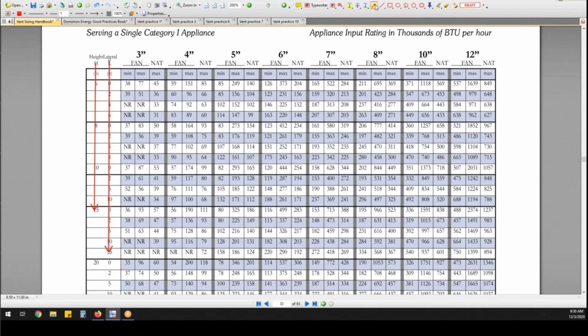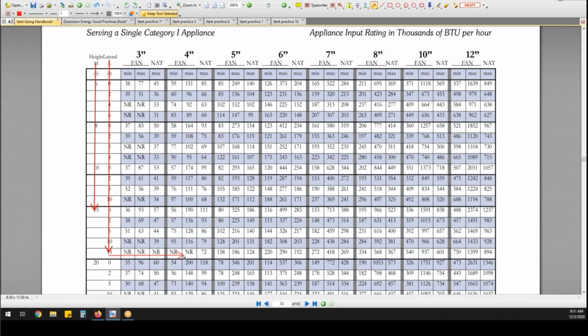If we use a single wall connector, so last time we were able to do it with 4-inch when everything was double wall. Oh, wait a minute. If I switch my connector to single wall, I can't do it in 4-inch anymore, can I? Look what it says, NR, not recommended.